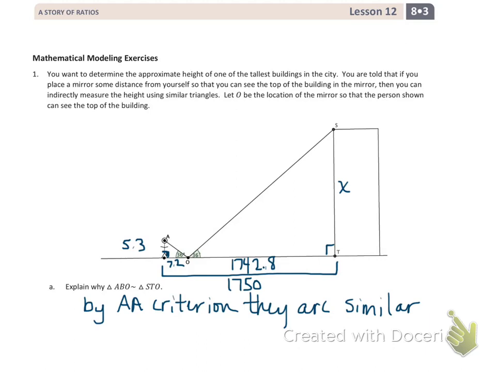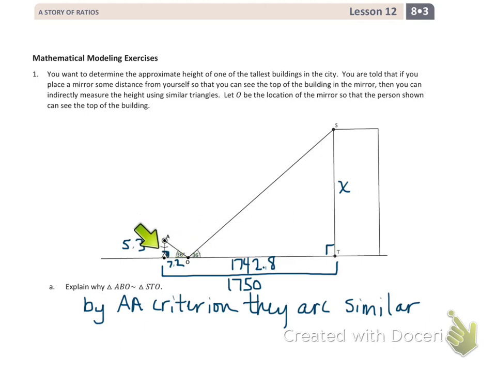Okay, so one of the things we know, because we do have similar triangles here by the angle criterion, is that the ratios of corresponding parts of these similar triangles will be equal. One of the things we have to figure out is what the corresponding parts are, because this triangle is drawn over here. If we flip it around, it might be easier to see.